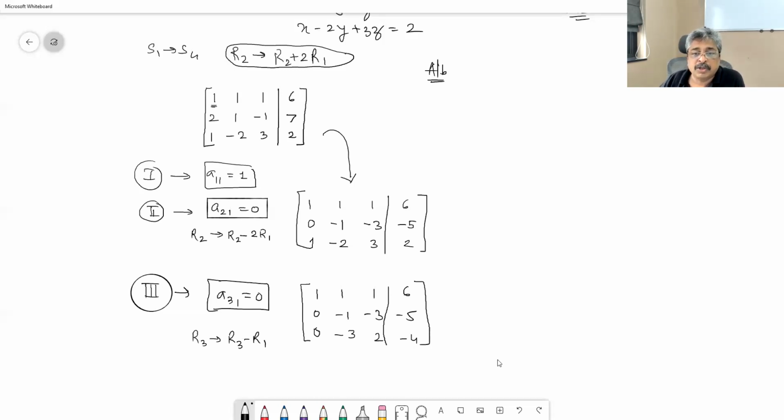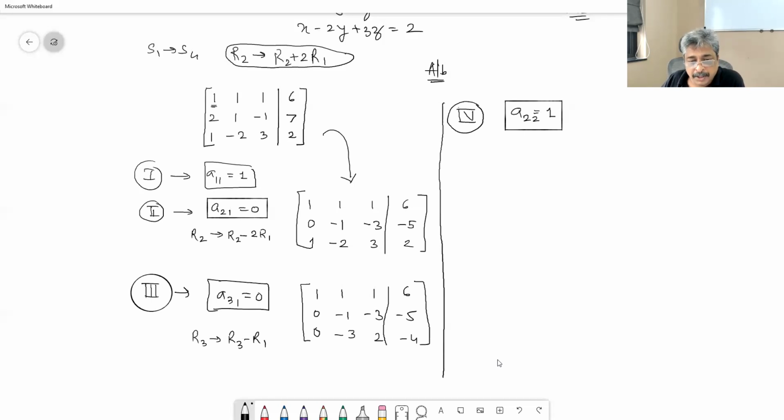Let me write down the fourth step here. Step number 4: make A22 1. That means this position you want to make 1. So obviously you are supposed to multiply it by minus 1.